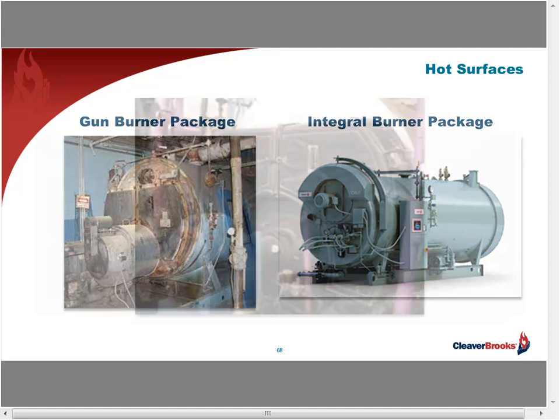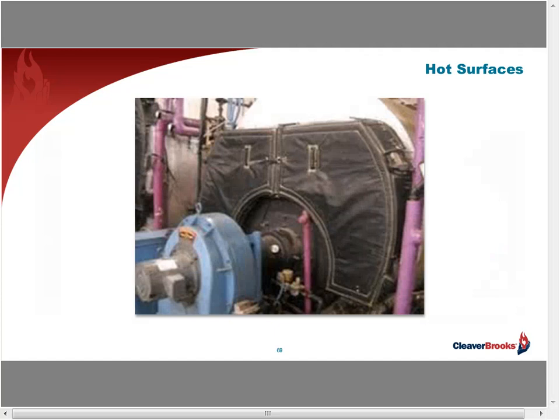So again, with the gun burner type, that burner boiler combination, I have seen where front doors are sometimes insulated to prevent burns as shown in this picture. But you know, I would hasten to add, you should always check with the boiler manufacturer before adding any insulation anywhere on the boiler to make sure it will not cause overheating and distortion problems and failure of that pressure vessel in some way.